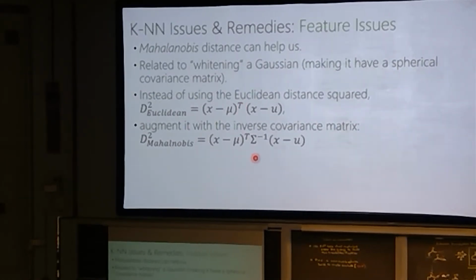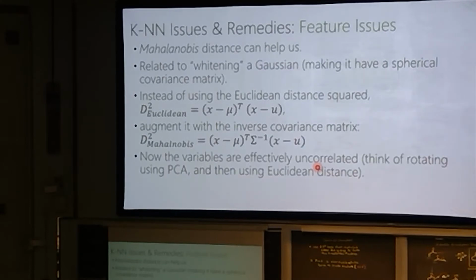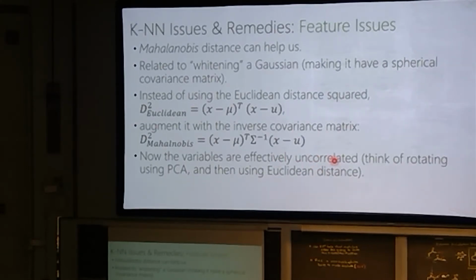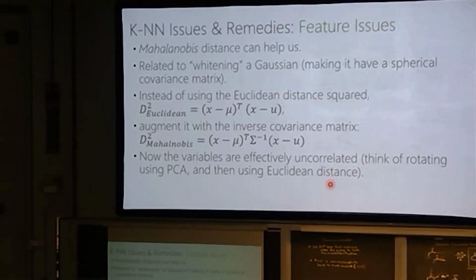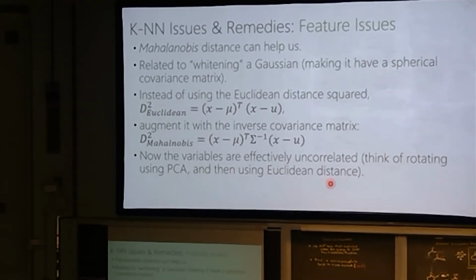Once you do this, you are essentially decorrelating them, and now they will not be double counted. So the variables are effectively uncorrelated, in a way that's similar to rotating things using PCA, except you're not truncating the eigenspectrum here. You're just rotating according to that matrix.